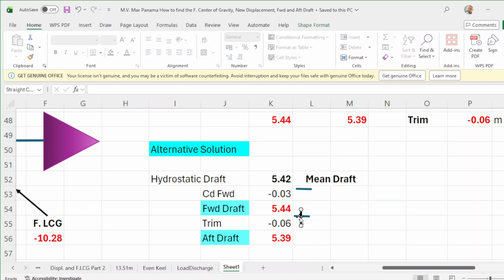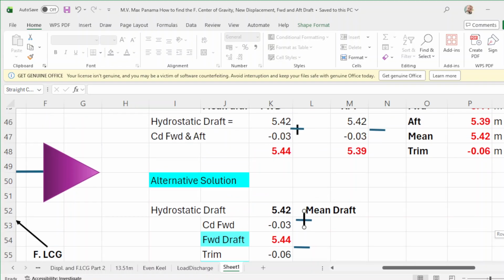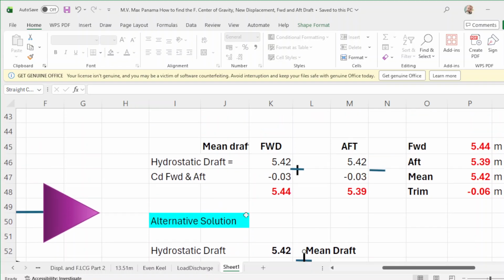Then your forward drop will be 5.44, then minus your trim, that will be 5.39. I hope that's clear. So take note of these values, guys. Forward drop will be 5.44 and aft 5.39.